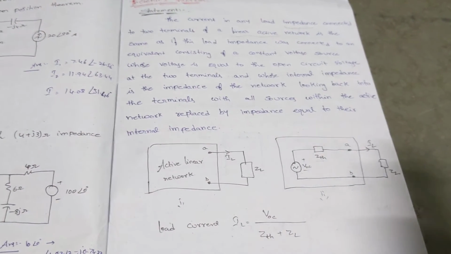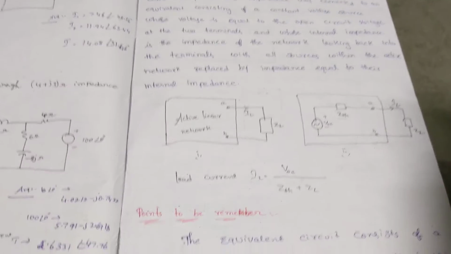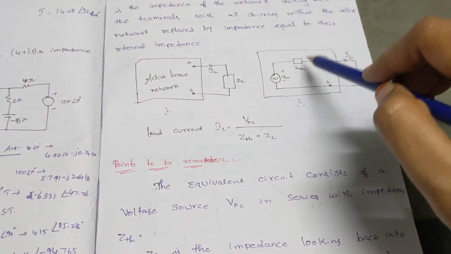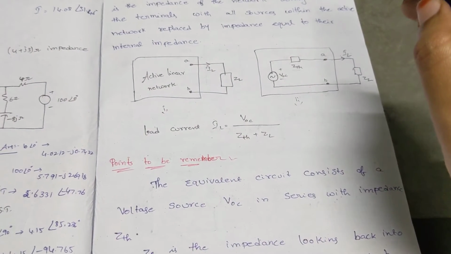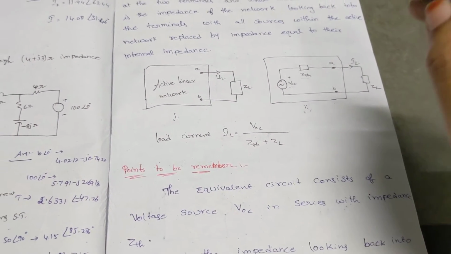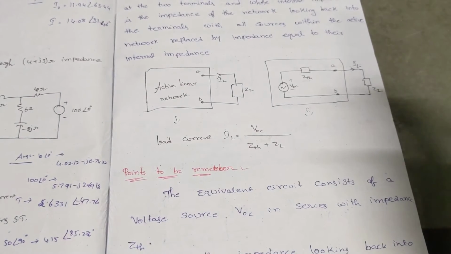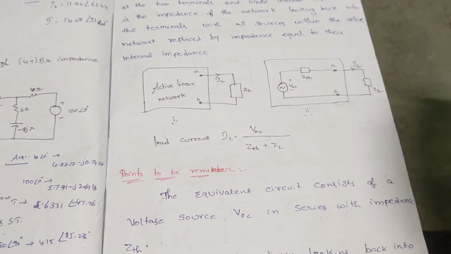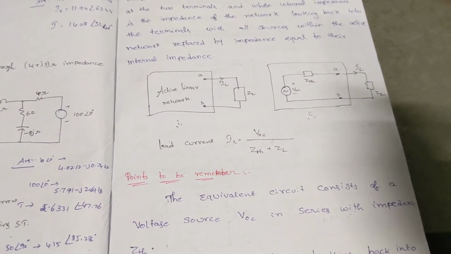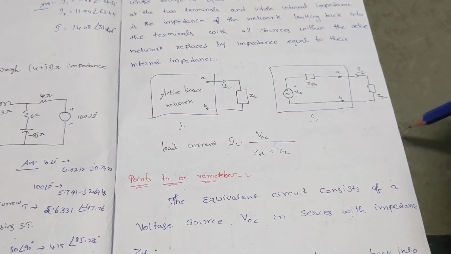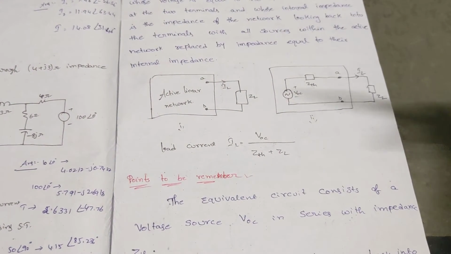That's it. Now please remember only two points. To find Thevenin's equivalent voltage or Thevenin's equivalent impedance, or the current flowing through your load network by using Thevenin's theorem, you have to do two things.